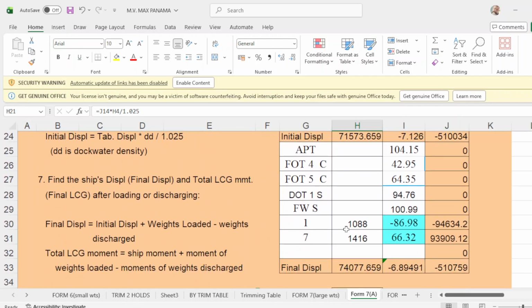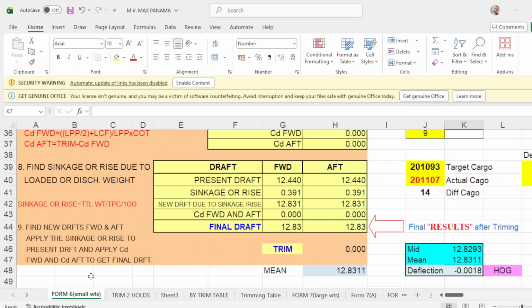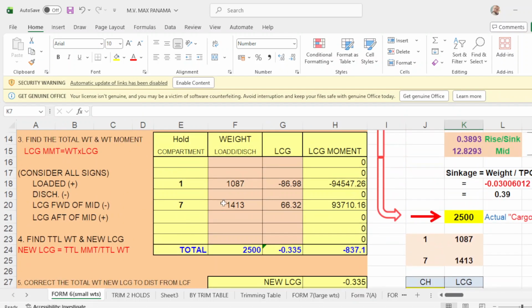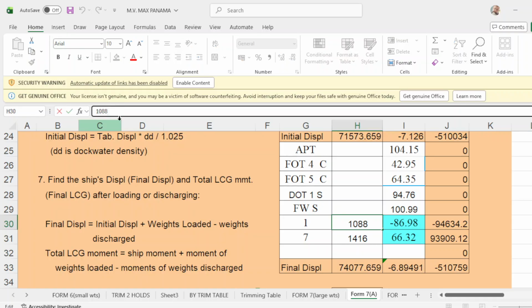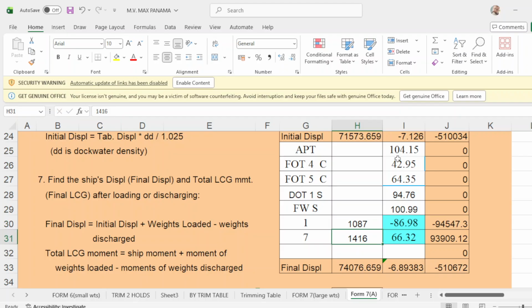Then you put in how much you load in hold number 1. So hold number 1, 1087. Okay, put your 7. And your LCG is 8698.